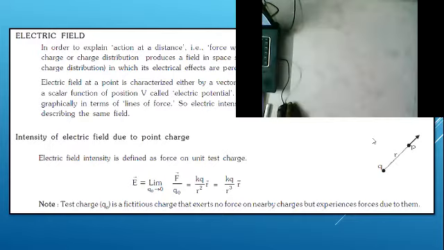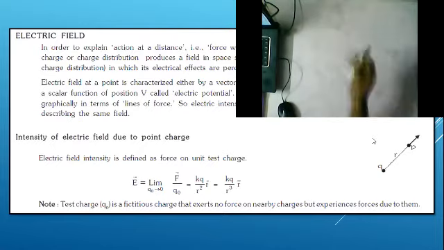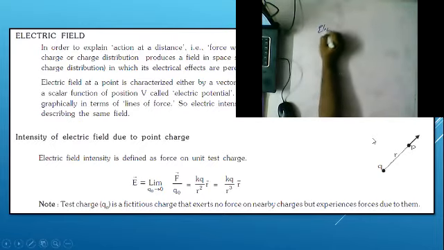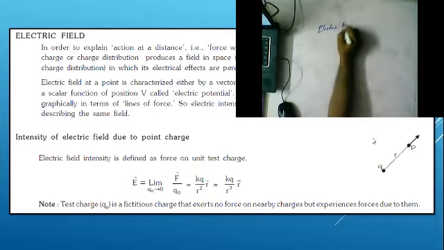Okay, so the definition, what guys? Electric field. What is the definition?